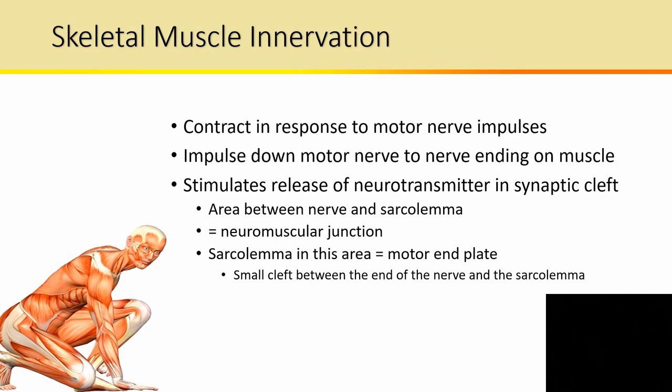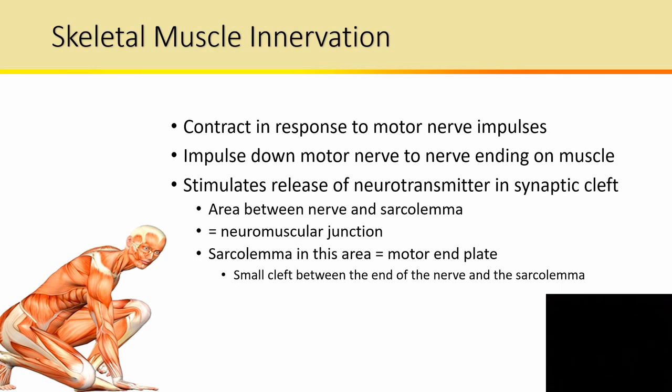When this signal gets down to the end of that nerve, inside the end of the nerve are small little vesicles, or small bubbles, that contain a neurotransmitter called acetylcholine. When the signal gets down to the end of the nerve, it's the trigger to allow this acetylcholine to be released into the gap between the nerve and the sarcolemma, or the muscle cell membrane, okay? This is also called the neuromuscular junction, okay?